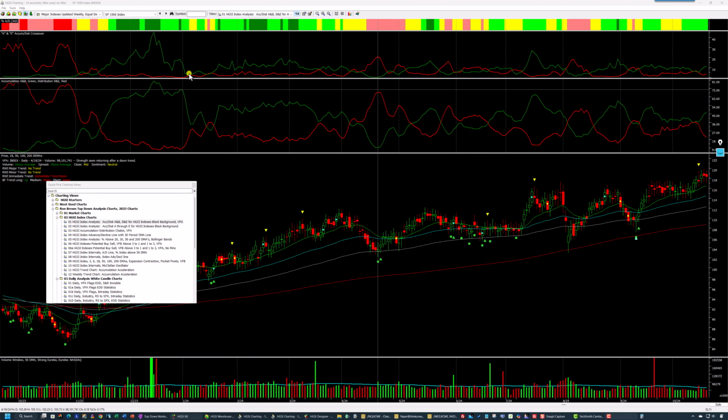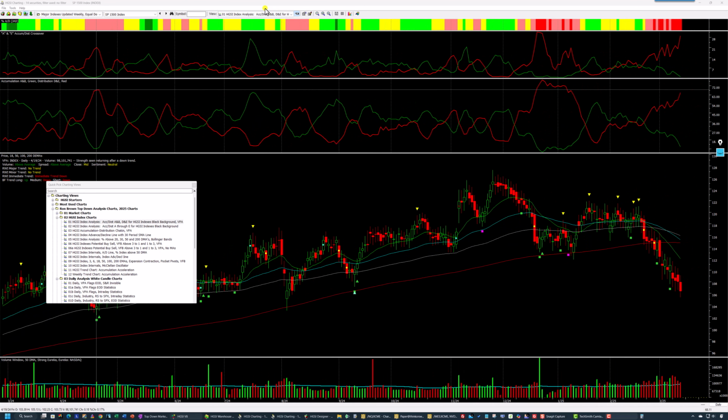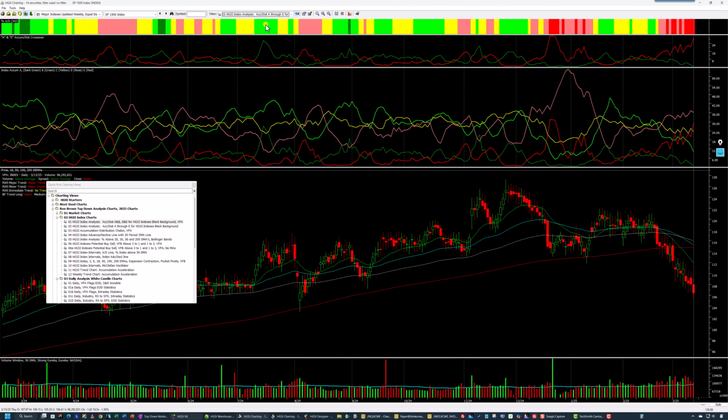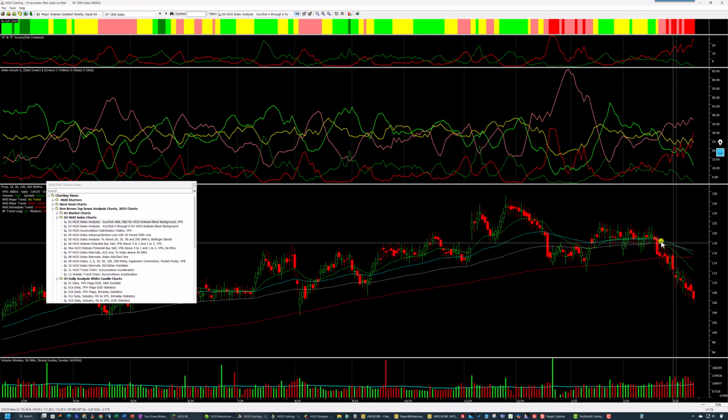So that's how I use this chart. And then the next one, pretty much the same chart. This is A and E, but this gives us insight into how the distribution is happening.